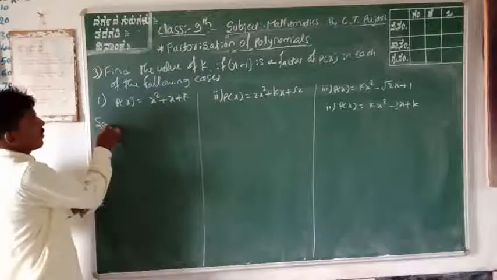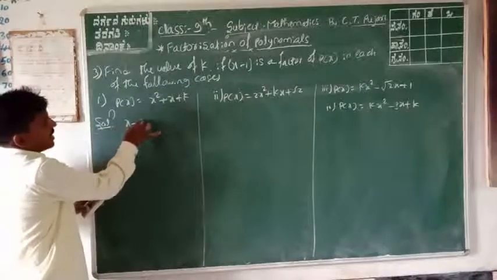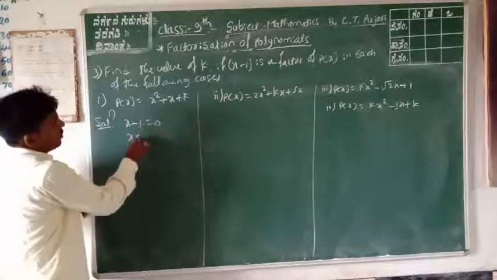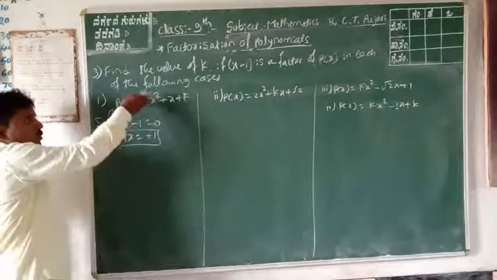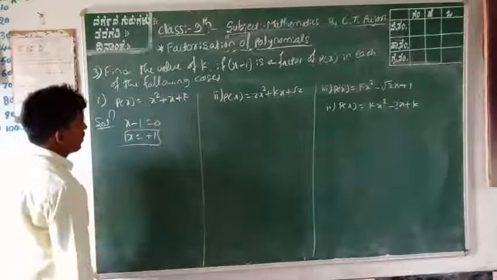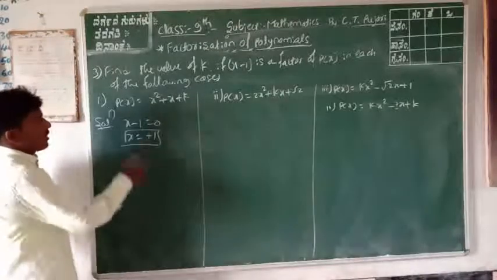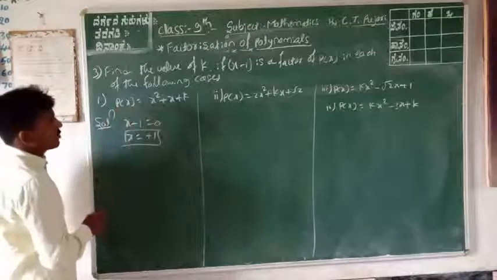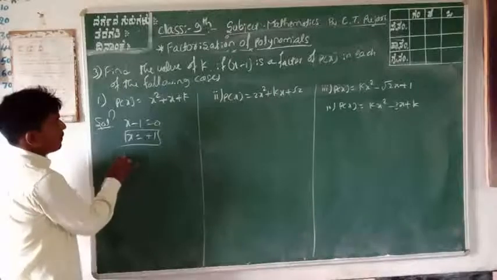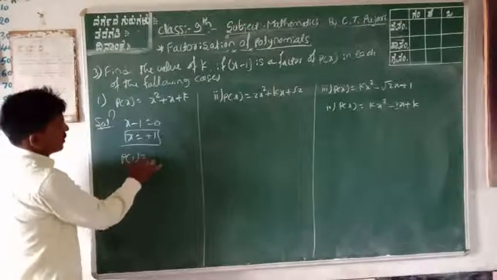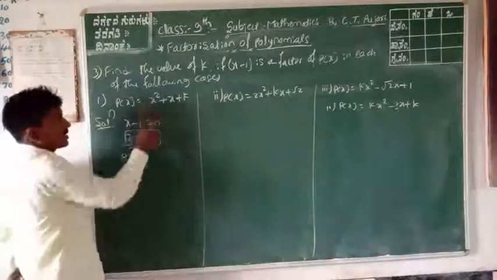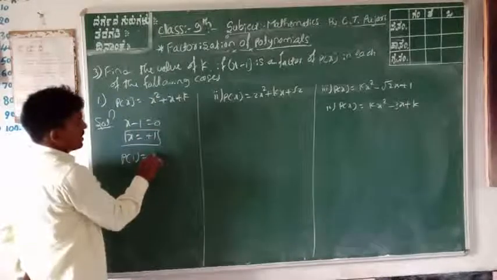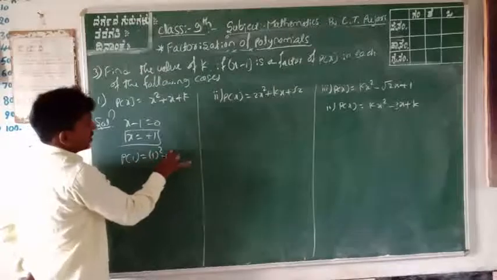First one, the solution is what? x minus 1 is equal to 0. Consider x is equal to plus 1. Put this value in the polynomial. Therefore p of 1 is equal to 1 squared plus 1 plus k.